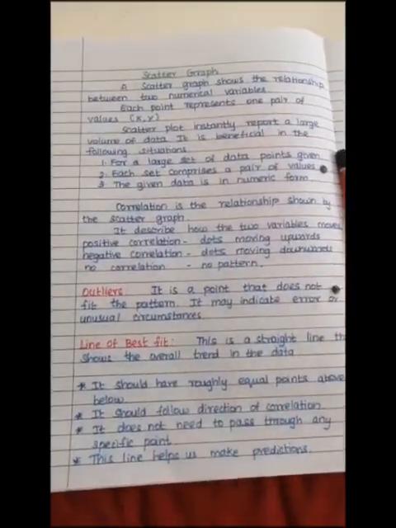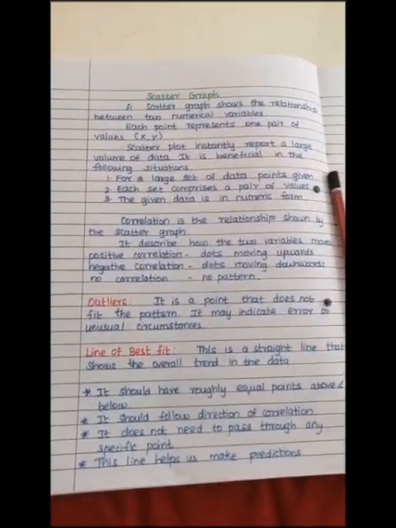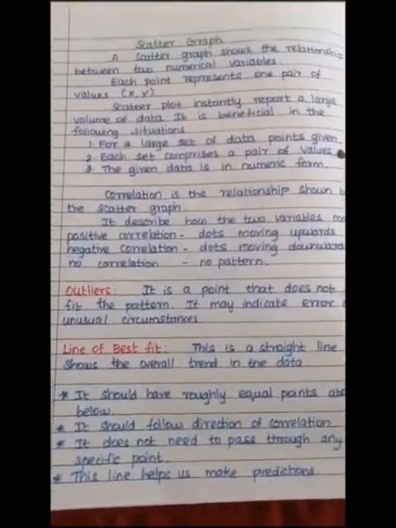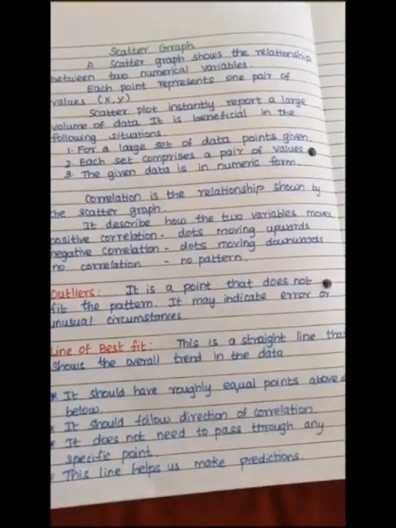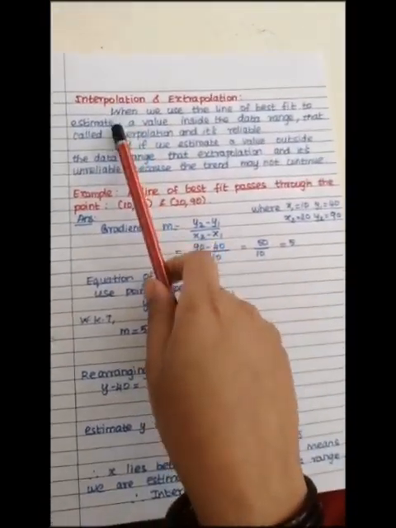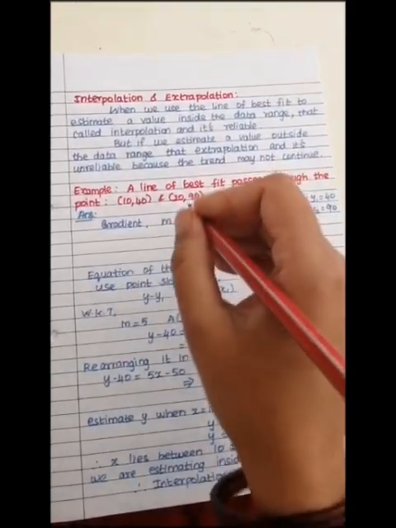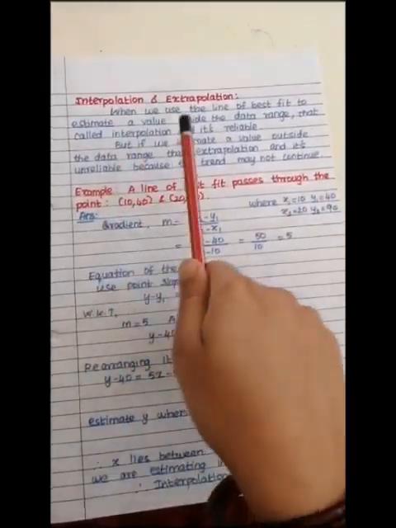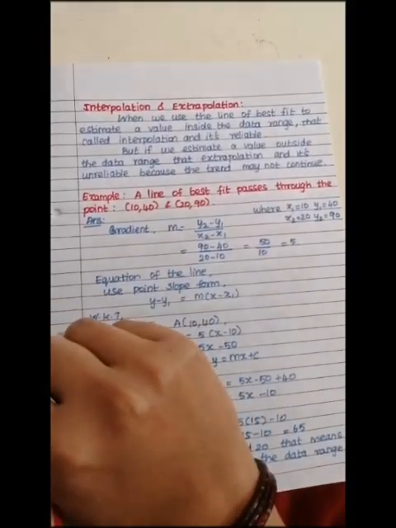Okay, now we can see the next subtopic in the scatter graph, which is interpolation and extrapolation. When we use the line of best fit to estimate a value inside the data range, that is called interpolation, and it is reliable.